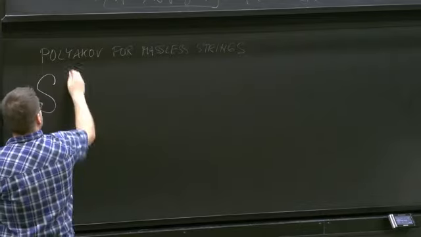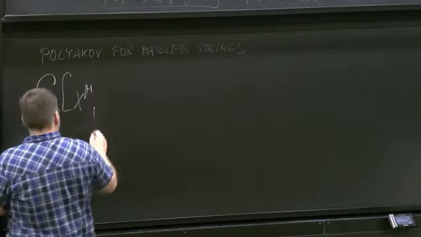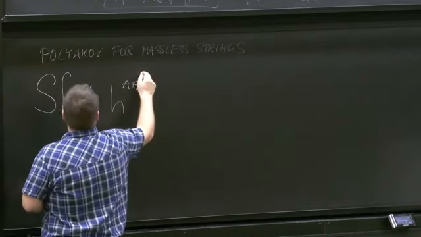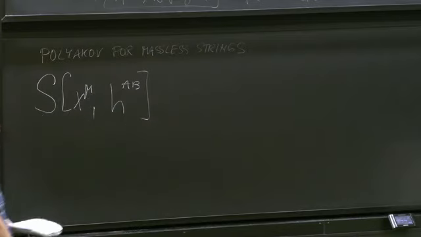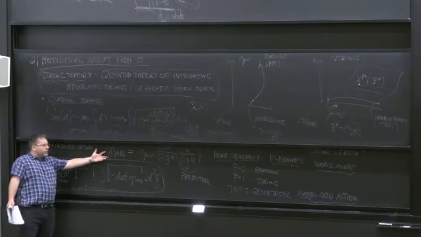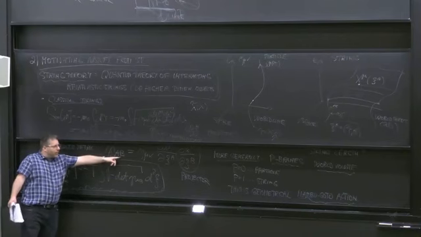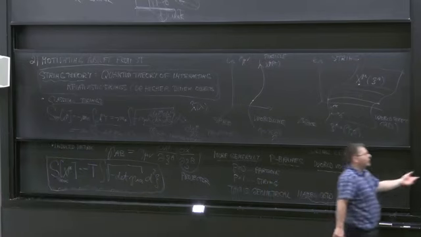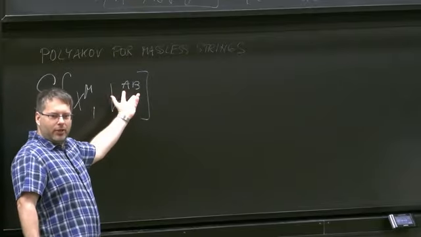So now S of x mu will depend on this auxiliary metric on the worldsheet. Sorry, gamma is the induced metric on the worldsheet. It has the indices A and B. The auxiliary metric on the worldsheet will have the same indices A and B, h_AB, okay?